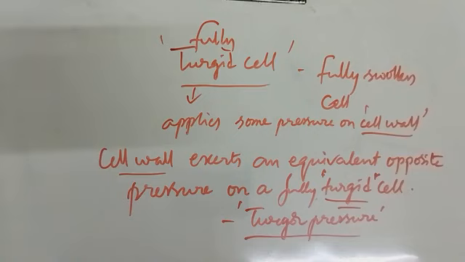Because of this ability of the cell wall, plant, fungal and bacterial cells are prevented from bursting and are able to withstand much greater changes in their surrounding media. Regarding the nucleus and cytoplasm, we will discuss in the coming class.